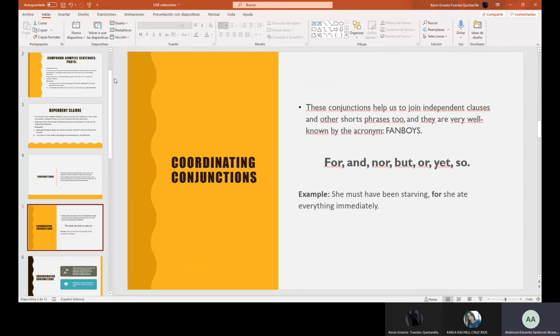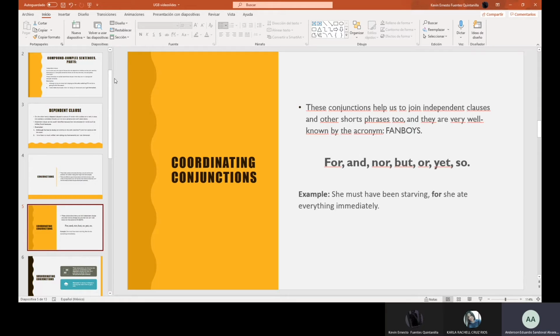Okay, coordinate conjunctions. These conjunctions help us to create other short phrases too, and they are very well known by the acronym FANBOYS. Each letter of the word FANBOYS means a word: F for, A and, N nor, B but, O or, Y yet, and S so.